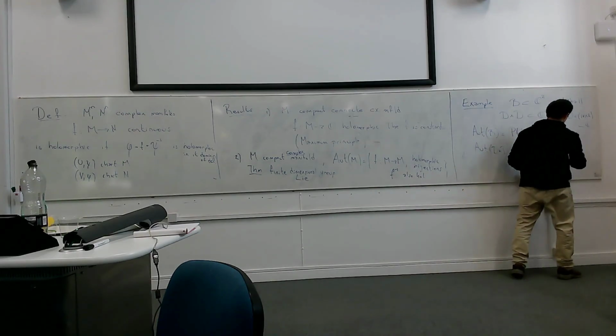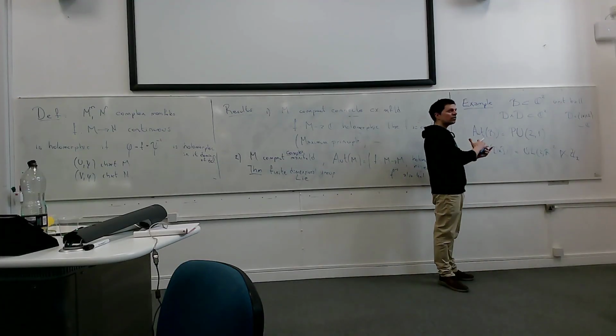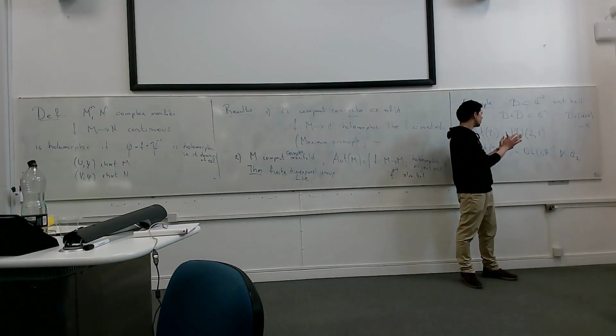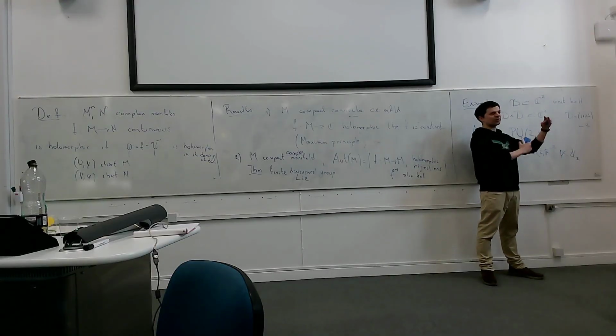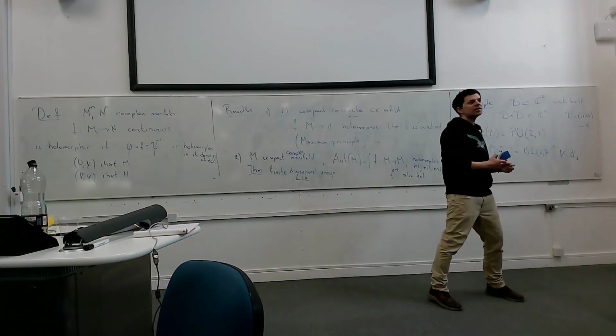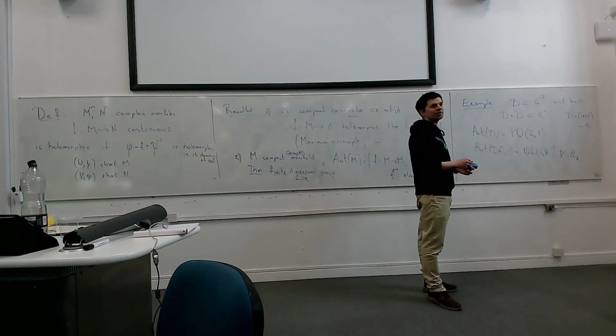So this makes the group a semi-direct product. You have a swap map, but this group is not a connected group. It has 2 connected components. So then they are not biholomorphic.